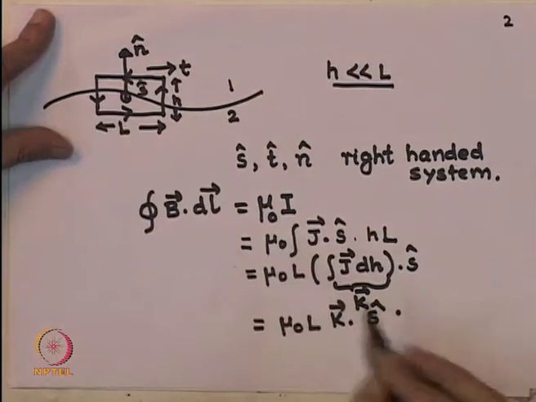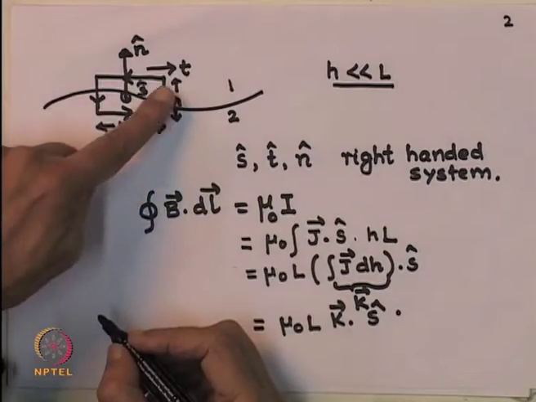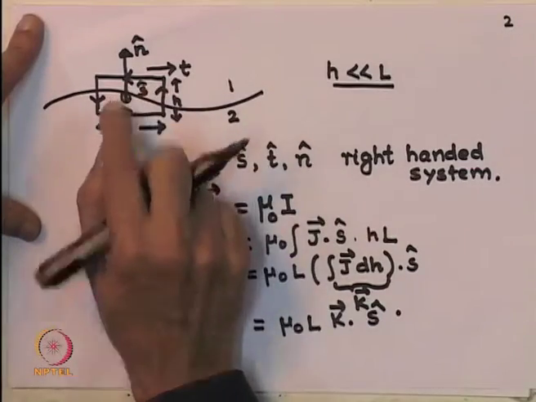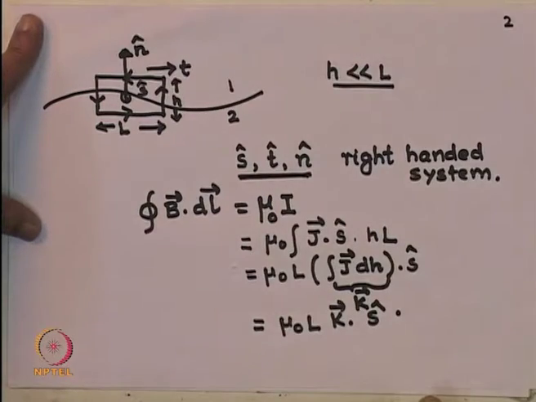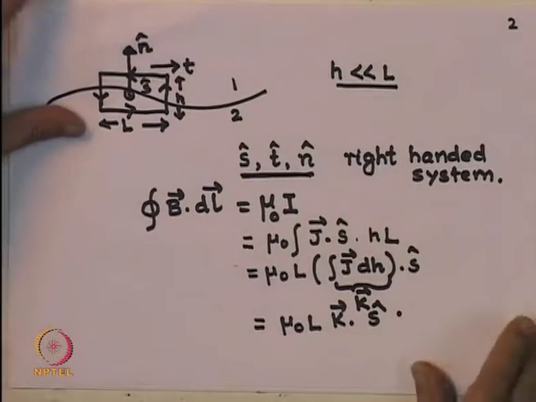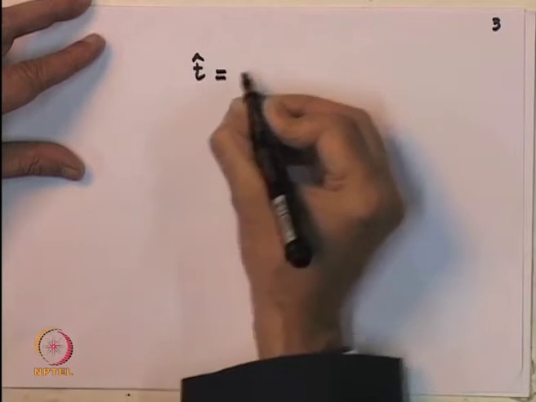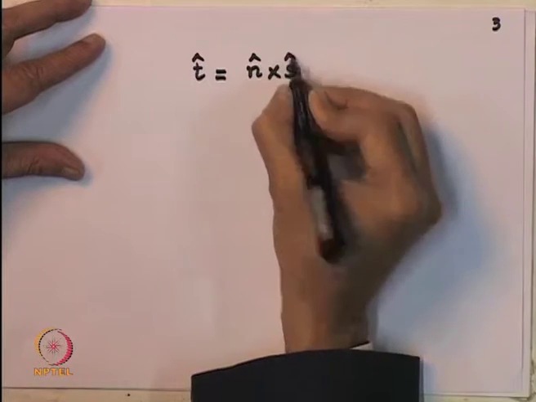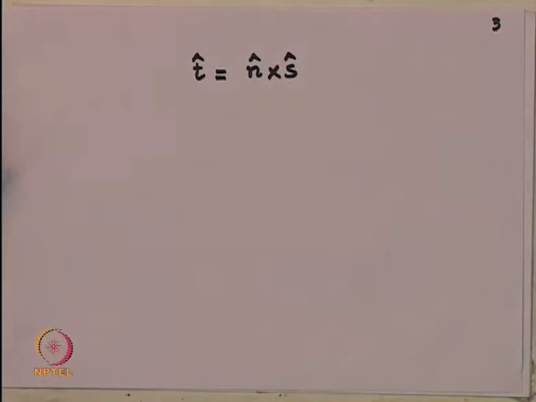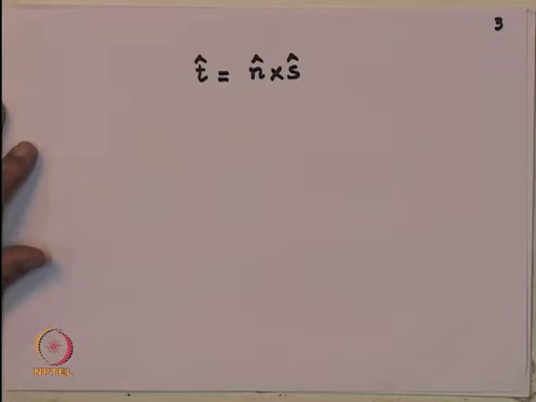Since this is along minus t, and we have said S, T and N form a triad, T is equal to N cross S. You notice that my direction of the Amperian loop was along minus t direction.